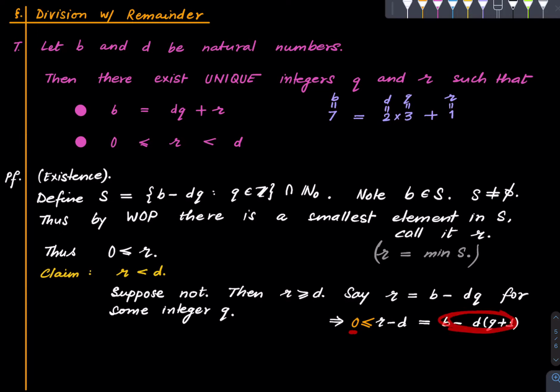So this is non-negative, and this is of the form B minus D times some integer, and therefore R minus D is an element of S. This is a crucial part in the proof. We expressed R minus D as B minus D times some integer, so it is here, and at the same time we showed that it is non-negative, so it is also here, and hence it is in S.